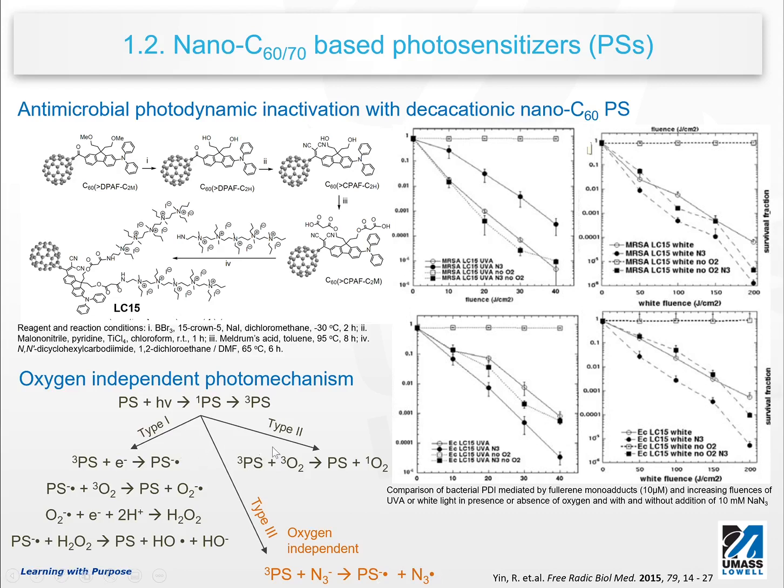Compared with type 1 and type 2, which do need the existence of oxygen, in real cases sometimes we don't have oxygen in our infection area. And if we can use an oxygen independent mechanism, then that means this type of molecule can operate without the existence of oxygen.